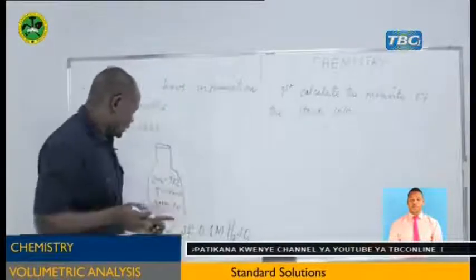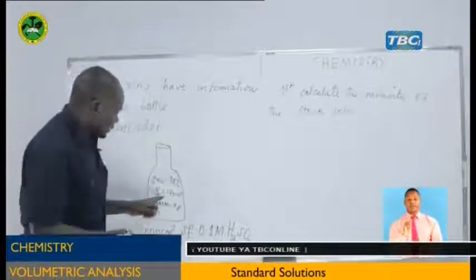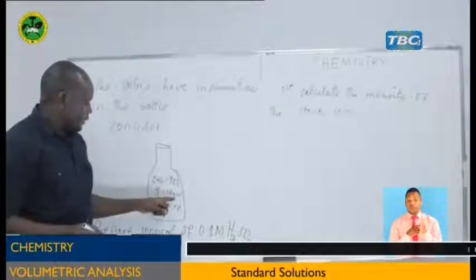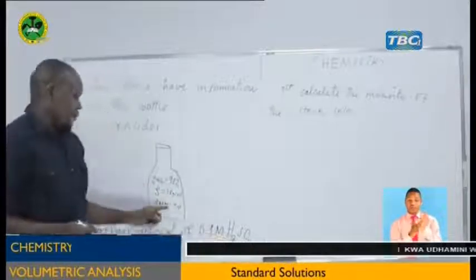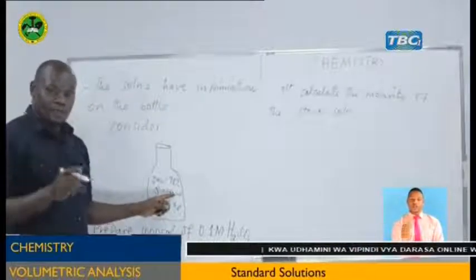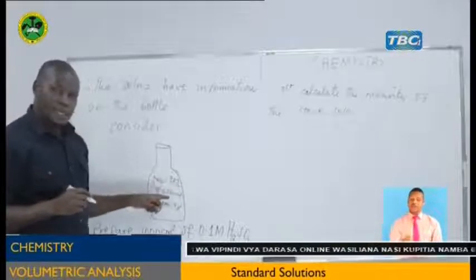Since we have the percentage purity and the density, it means that the density indicates that 1.8 gram of sulfuric acid is present in 1 cubic centimeter. So what about this percentage?